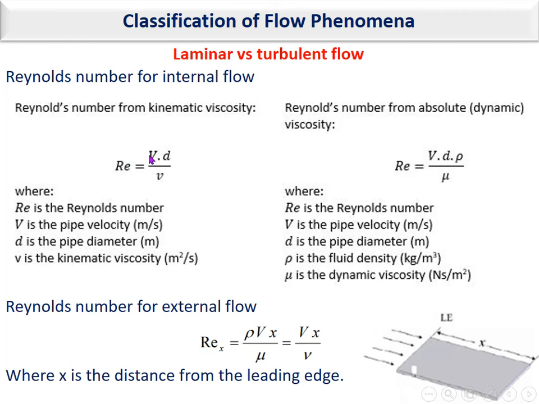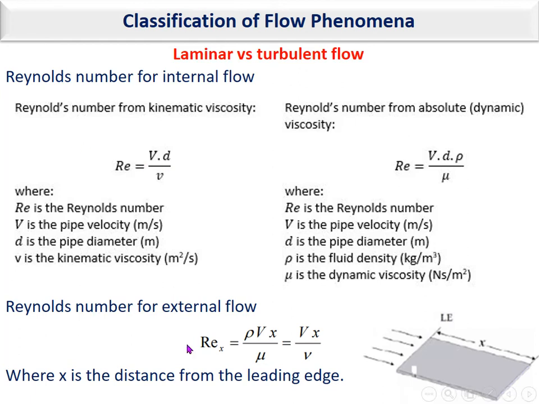The first is that here V is the average pipe velocity. It's not written here, but please note that V here is the average velocity within the pipe, because you remember that the velocity in the pipe is not the same everywhere. It varies from 0 at the wall to the maximum velocity at the center line if the flow is fully developed.